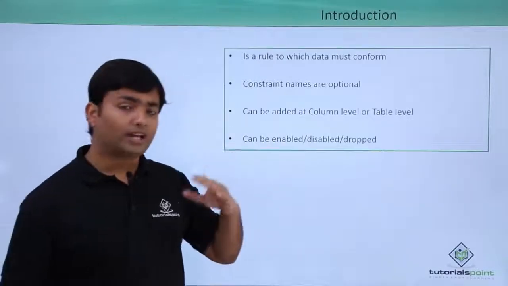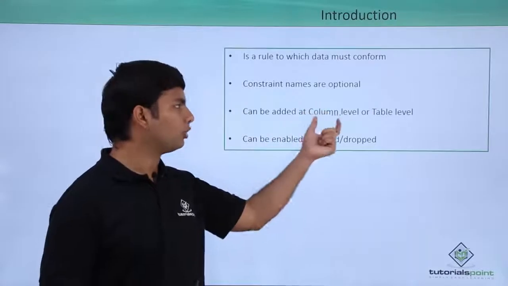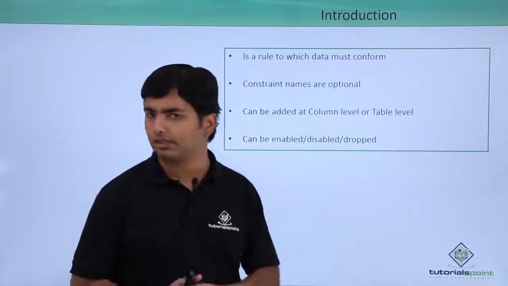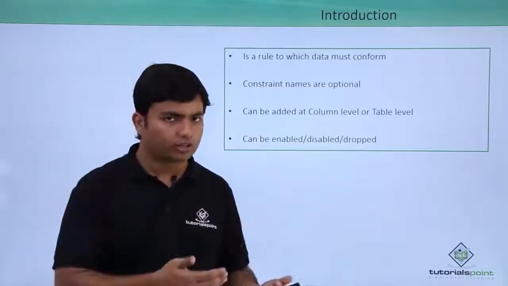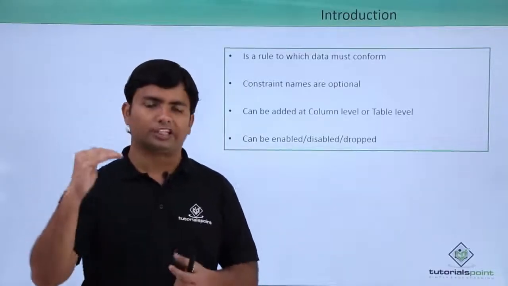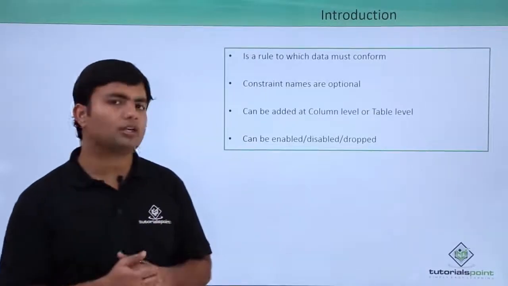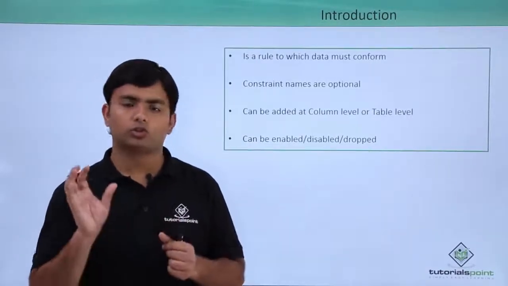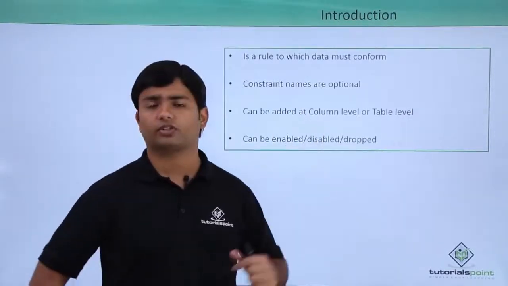Now, while adding, you can add a particular constraint either at column level or at table level. Basically, when we create a table, we specify each and every column name separately. While defining a column, if you pass the constraint description, it will be a column level constraint.